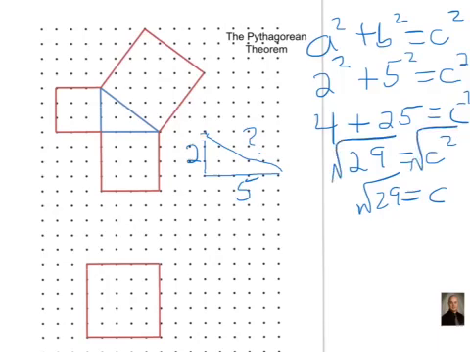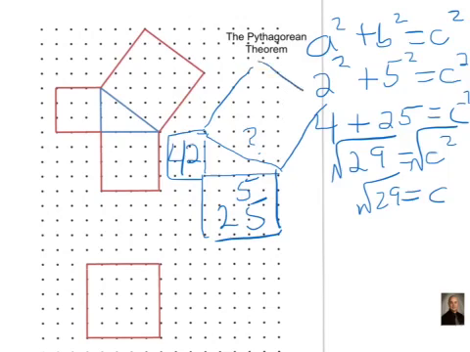So if we squared this leg, we'd get 2 by 2, which is 4. Squared this one, we'd get 5 by 5, or 25. And if you add those areas together, you should get the area of this large square on the hypotenuse, 4 plus 25 being 29. And if I know that area, then I know the side length of that square, which is the same as this hypotenuse, or the square root of 29.